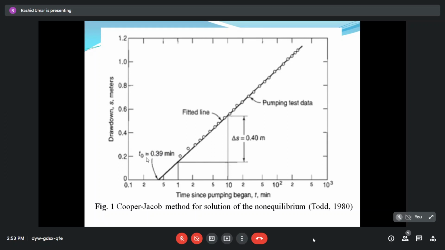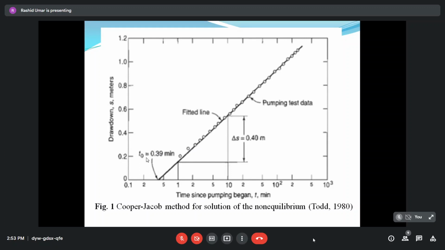Now we have to find out the slope of this line. How do we determine the slope? We determine the slope per log cycle. Actually, in the field, we neglect the first cycle. Why are we not considering the data of the first cycle?